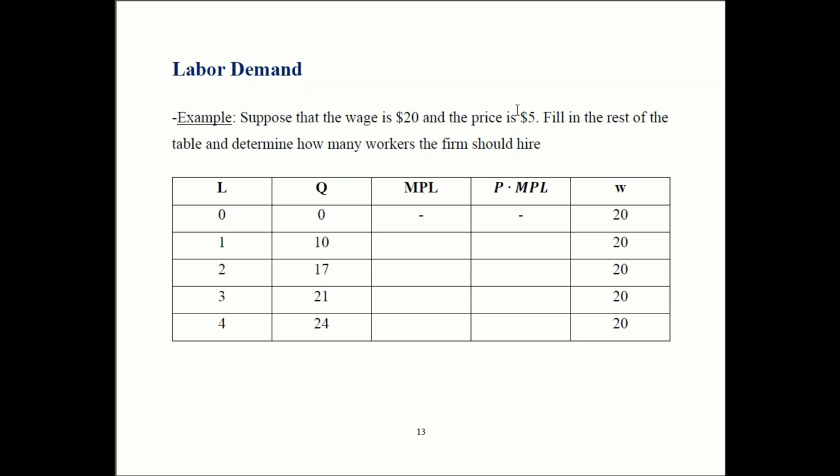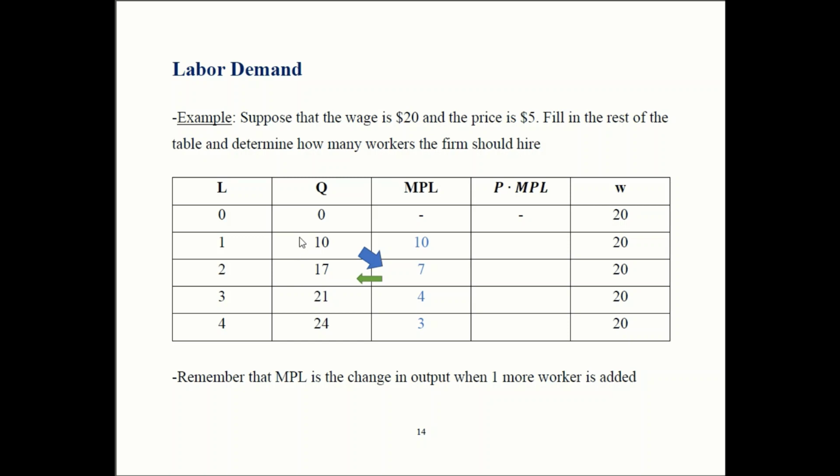Alright, I'll assume you have figured out the problem by now, so let's go over the answer. First we compute the MPL. That's the change in quantity when you hire an extra worker. So here quantity moves from 0 to 10. That's an increase of 10. That means MPL is 10. Next, the output rose from 10 to 17.